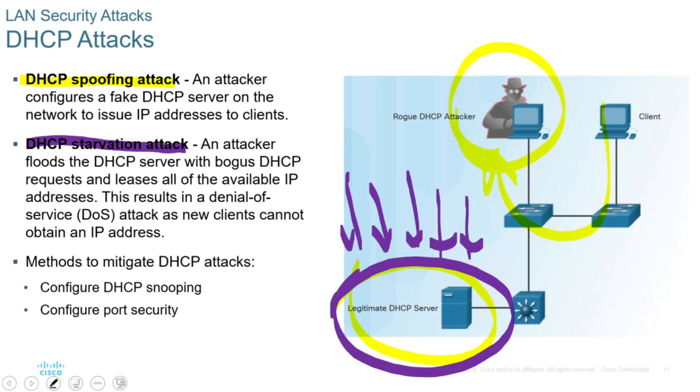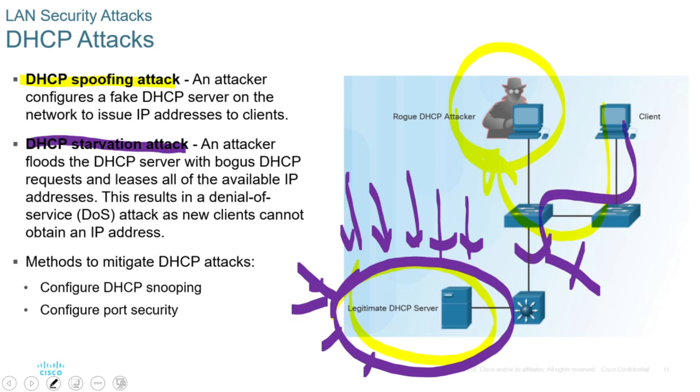So with DHCP starvation, the attacker is launching a lot of requests, so the actual client's request is not served. So that is a way of DHCP starvation attack, a DOS attack.